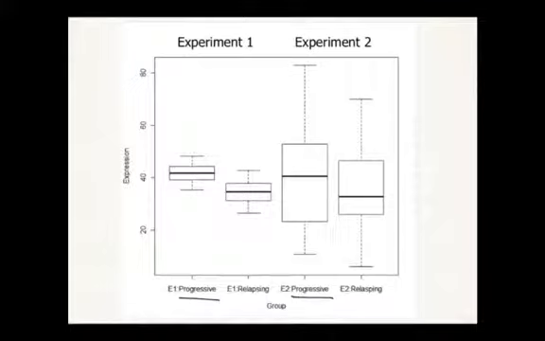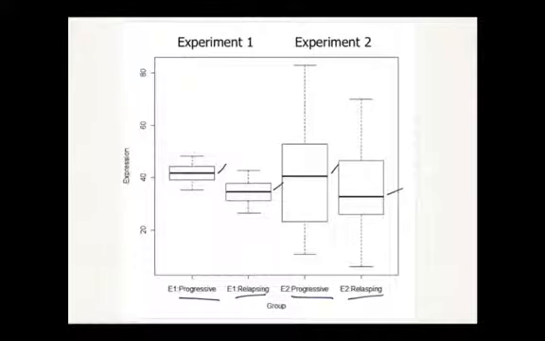Actually, here we can see the median, right? Remember, a box plot gives us the median, which is there and here, and the median for the relapsing group is here and here, okay? But you can see what's different in the two experiments. So the medians are all the same, but the amount of variability is much different in the two experiments.